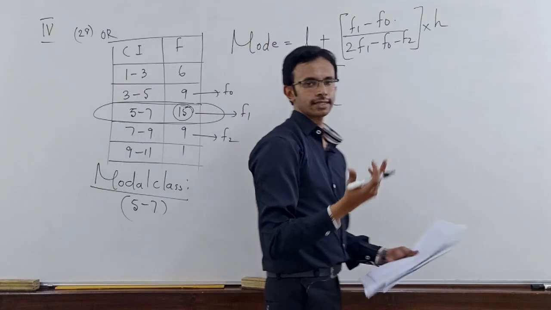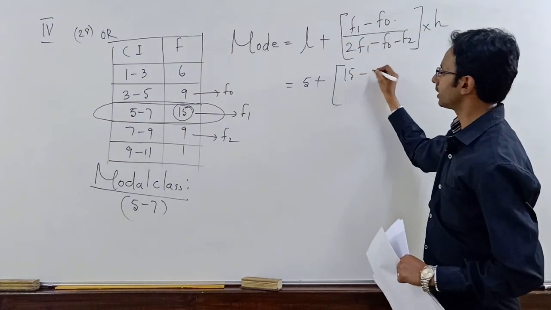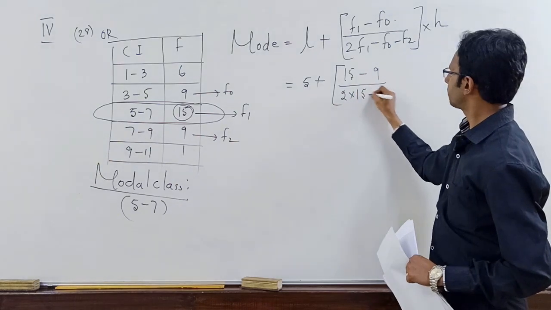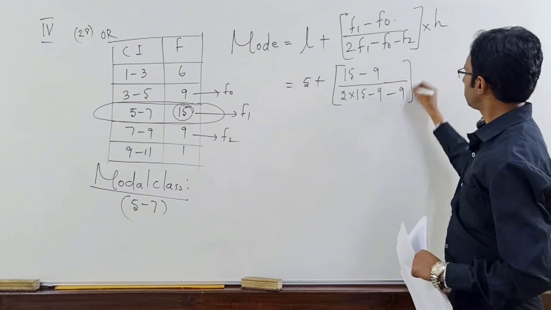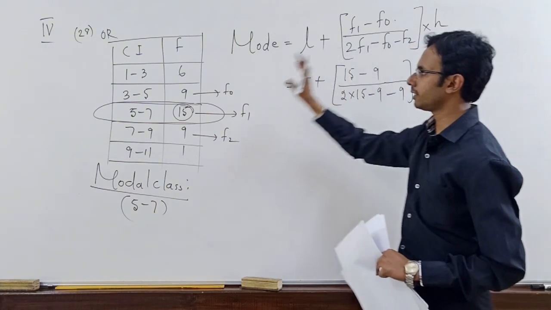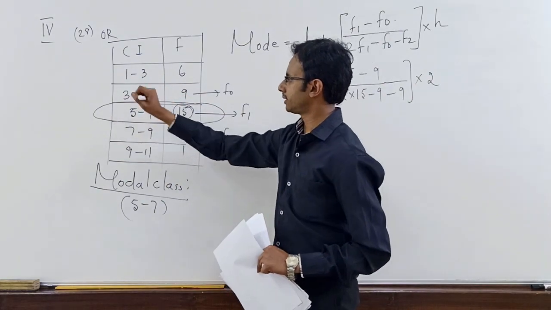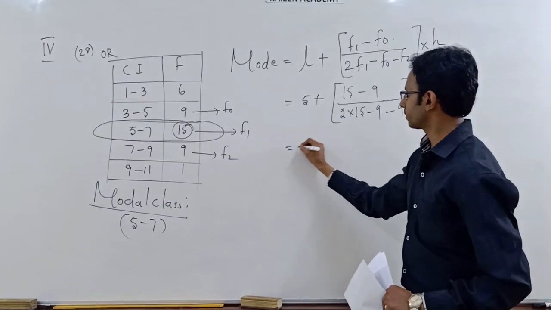Just substitute, and h is as usual the size of the class interval. f1 is 15, f0 is 9, 2 into f1 is 15, minus f0 is 9, minus f2 is also 9. h, the size of the class interval, is 2, because 3 minus 1 is 2, 5 minus 3 is also 2. So the size of the class interval is 2.